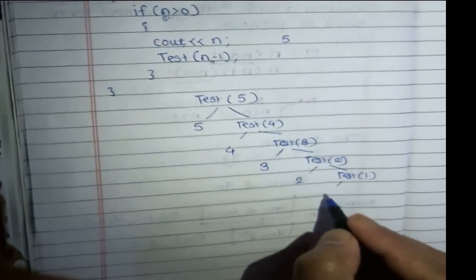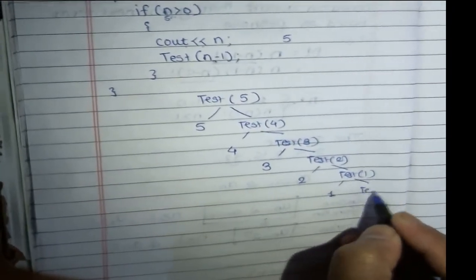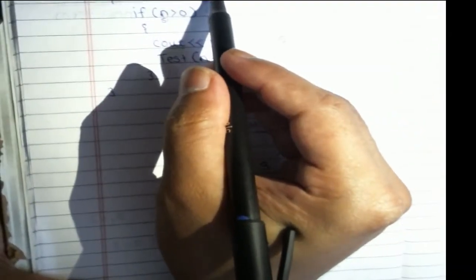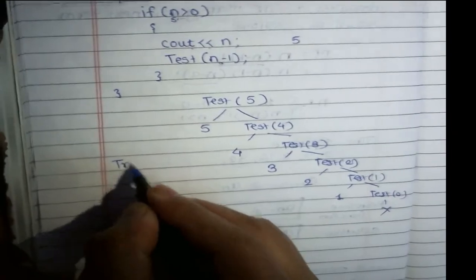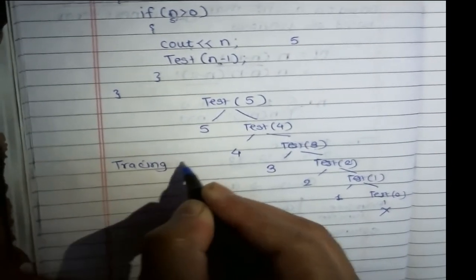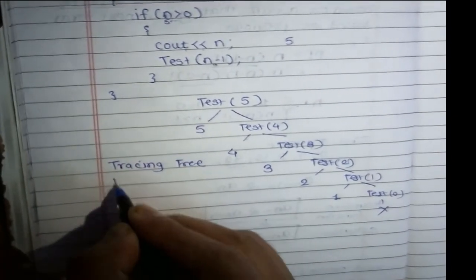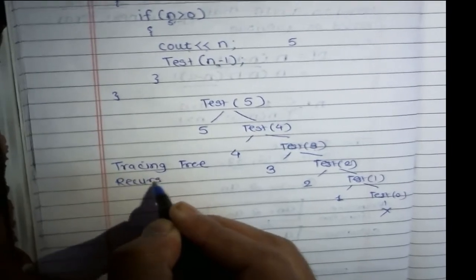Test of 1 prints 1 and makes a call to test of 0. When it makes a call to test of 0, is 0 greater than 0? No, so it does nothing. This particular tree is normally called a tracing tree, but in case of a recursive function we call it a recursive tree.